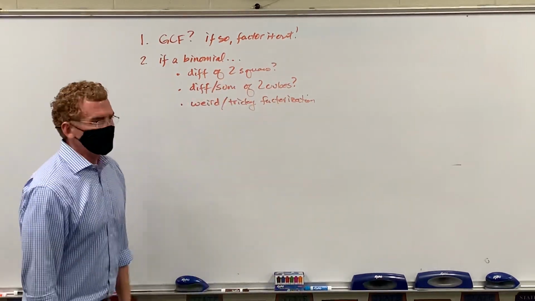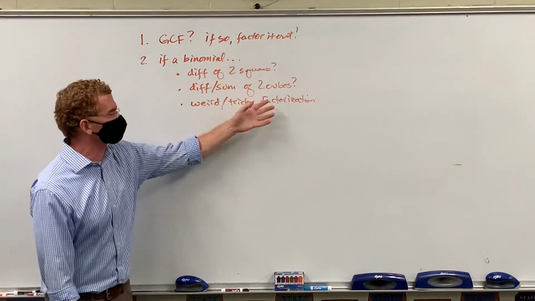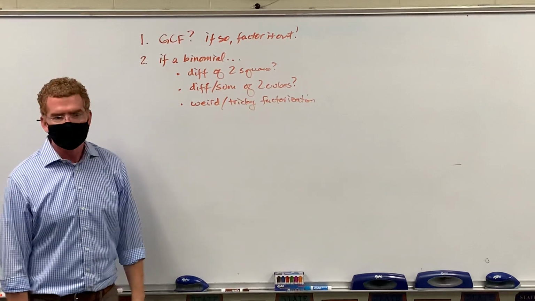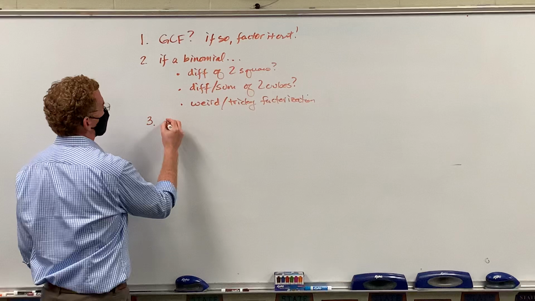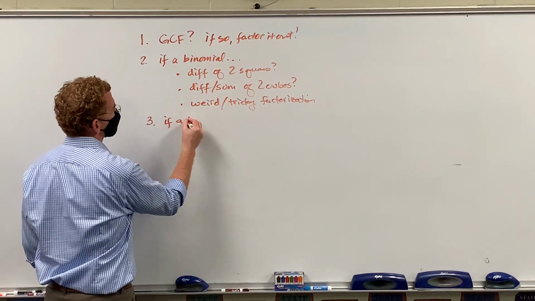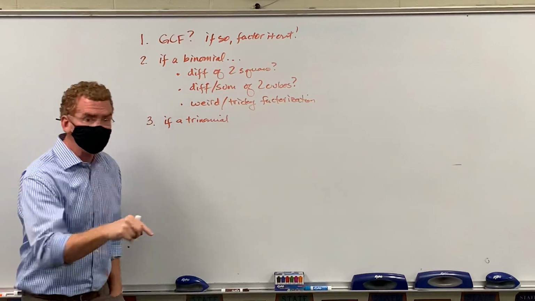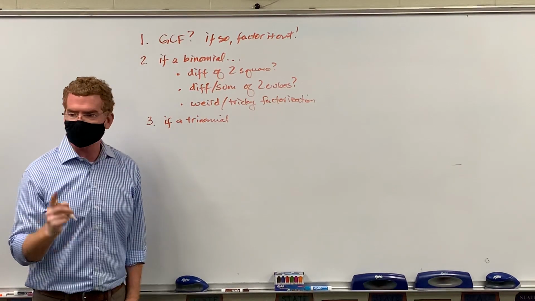Okay? And that takes care of binomials, which again, difference of 2 squares, difference or sum of 2 cubes, that's typically where you're going to live in binomials. All right? Next thing, is it a trinomial? If it is, it's worth checking real quickly to see if it's a what?